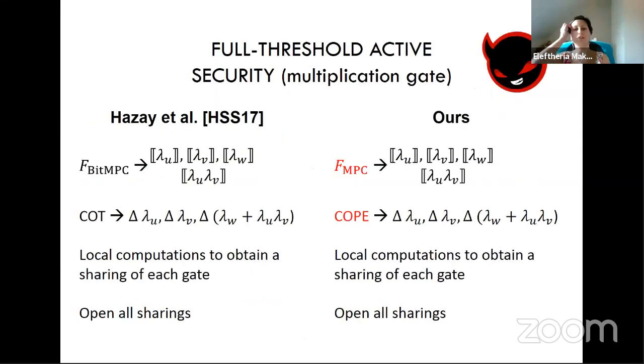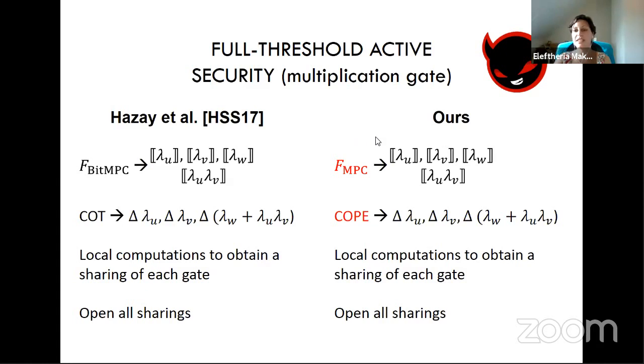All right, so how do we achieve full threshold active security? We followed the blueprint of previous work by Hazay et al. in the Boolean setting. The blueprint is first to find a way to do authenticated sharings of the permutation elements on the wire and their product, then do the products between the global differences on the wires and the permutation elements using a correlated oblivious transfer protocol, and then only local computations and openings of sharings follow.